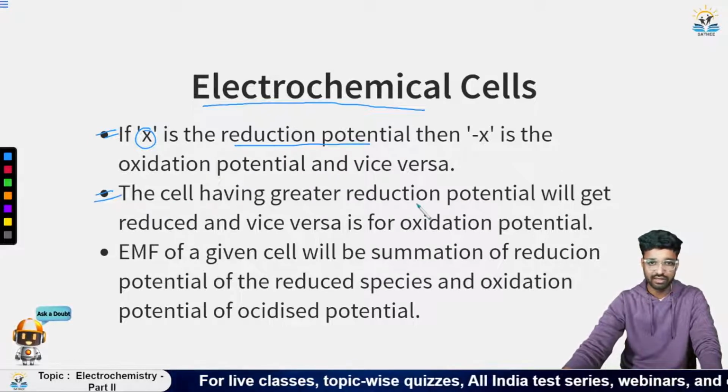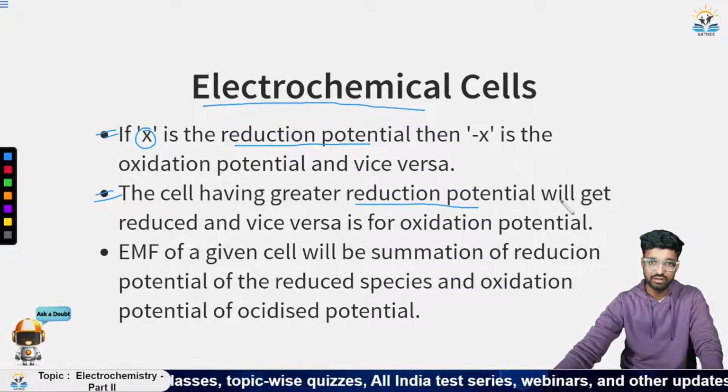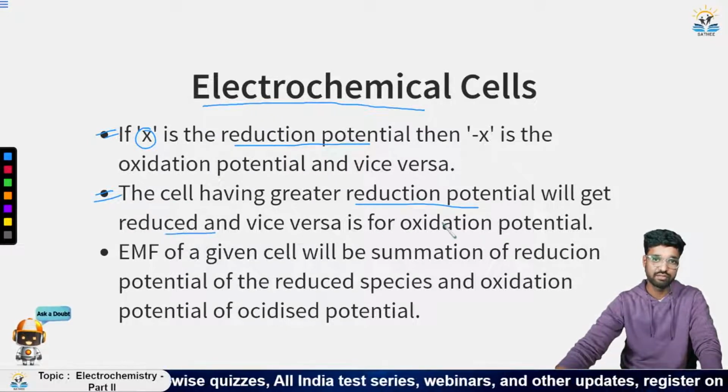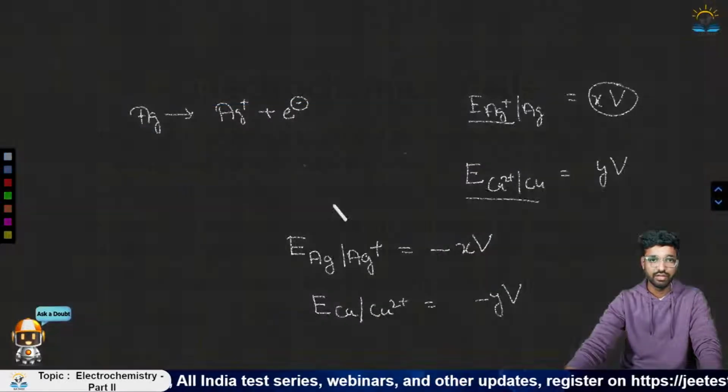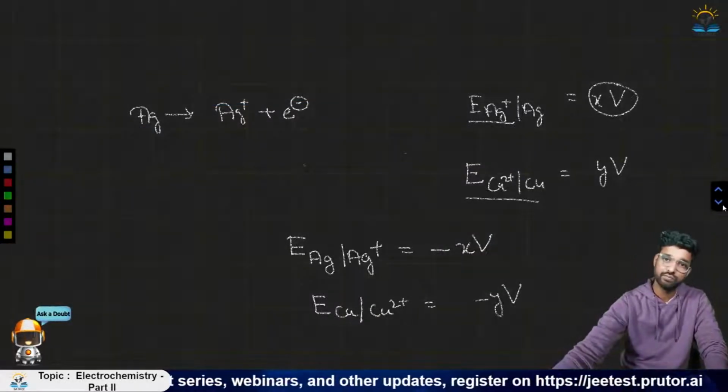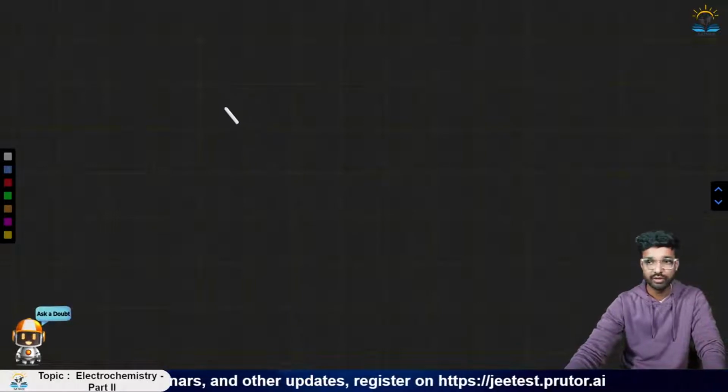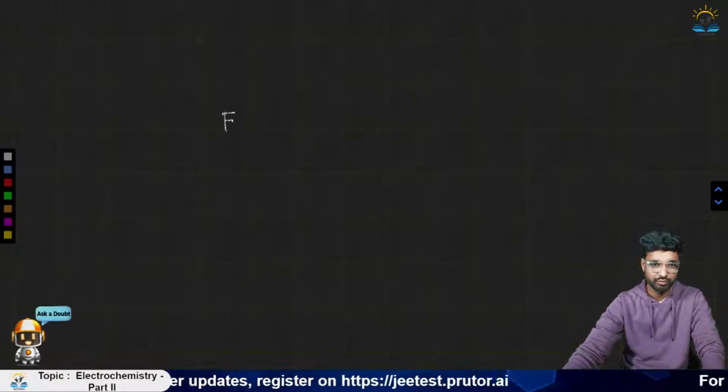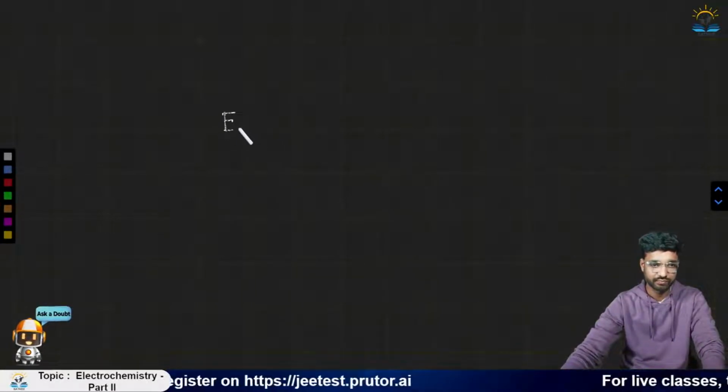Now the cell having a greater reduction potential will get reduced, and vice versa is for oxidation potential. So here what I mean is that suppose you are given two species whose reduction potentials are like this.